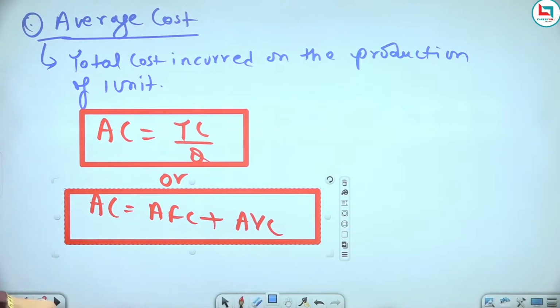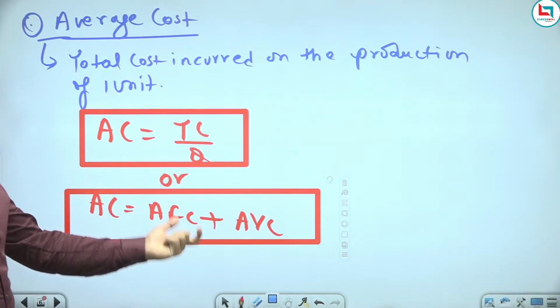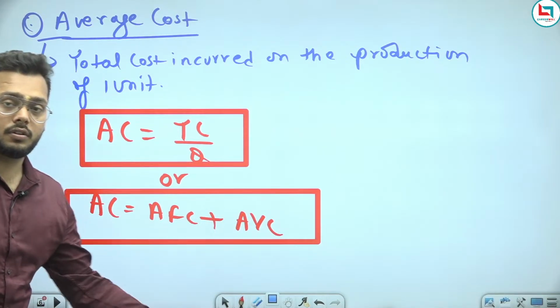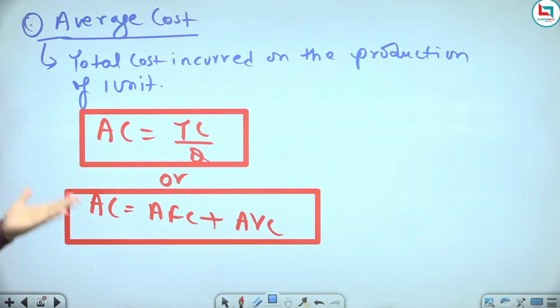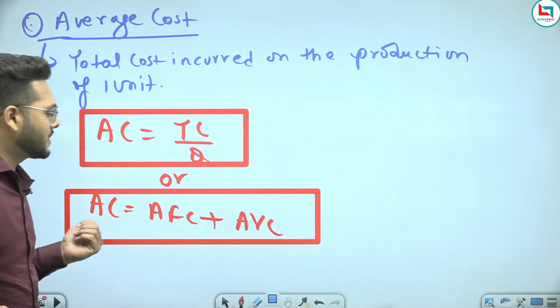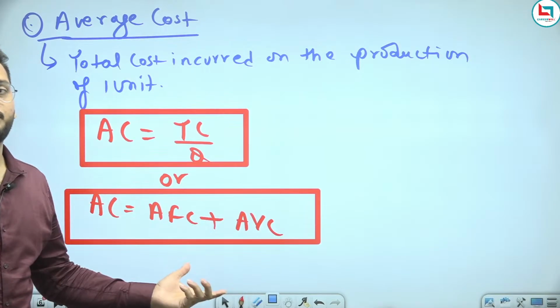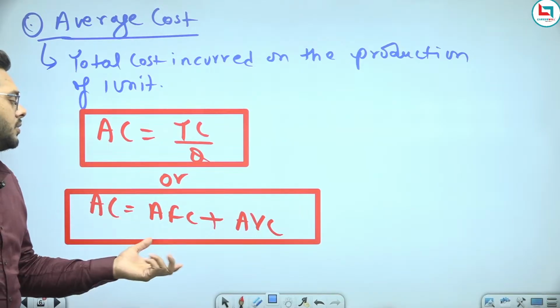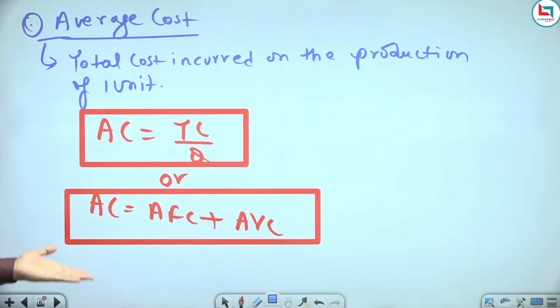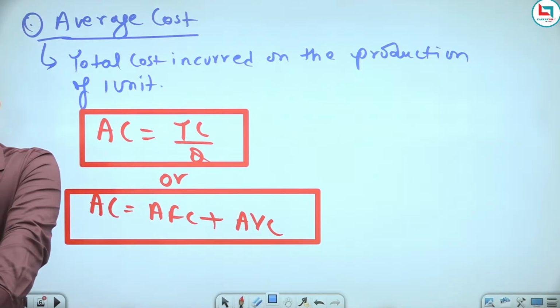It means that if you sum the average fixed cost and the average variable cost, that will be considered as the average cost. Have you got my point? Just note it down fast.